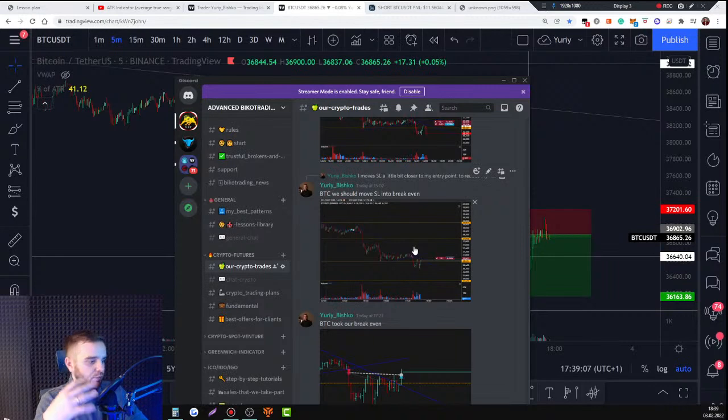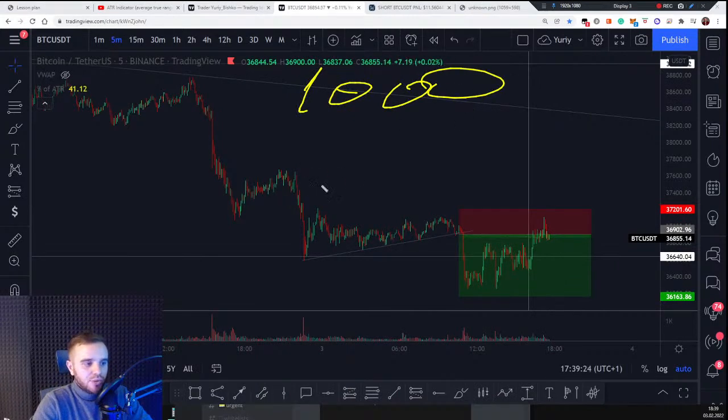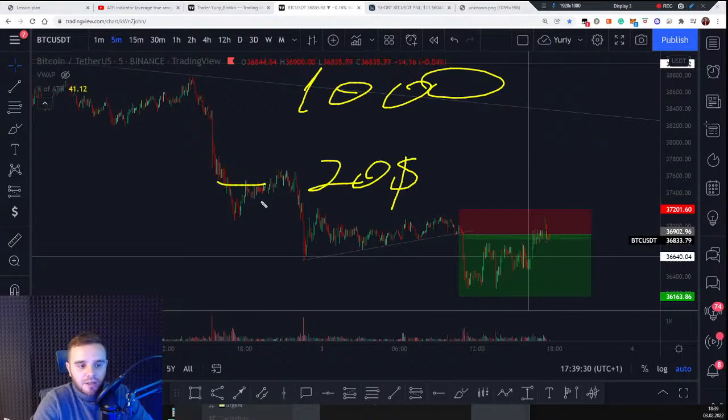If you put half of your account at risk, if you have a 100 USD account, yes, in that case you should pay attention to leverage. But if, for example, you have 1000 USD and you risk not more than 20 USD per position, 2%, I think in most cases you will never care about leverage.